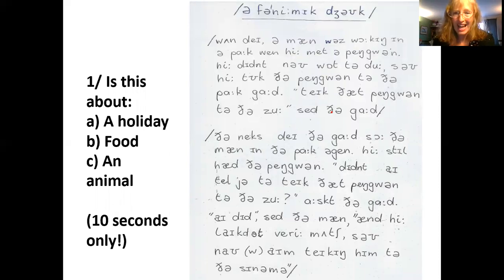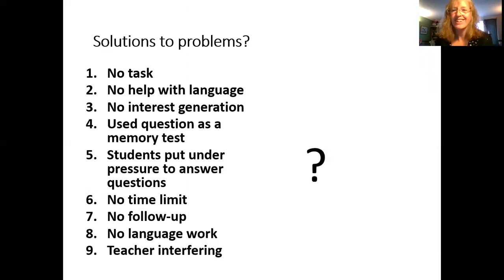I'm going to give you 10 seconds of silence to read this and find out one question. Is it about a holiday, food, or an animal? 10 seconds, skim through now. Okay, stop.